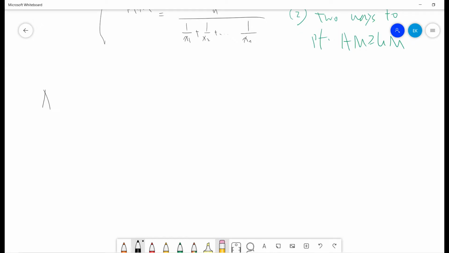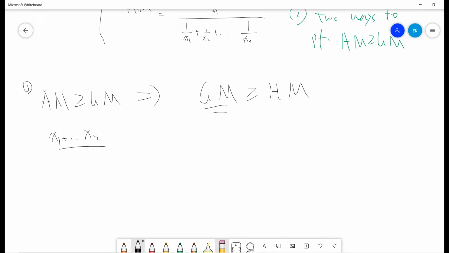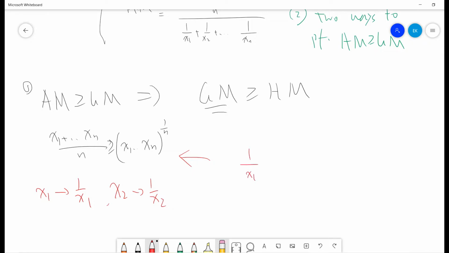So let's assume that AM is greater than or equal to GM, and we want to prove that this implies GM greater than or equal to HM. This is very famous and very easy. Here we have x1 up to xn. Let's change x1 to be 1 over x1, and x2 to 1 over x2, and so on. AM greater than or equal to GM will give us this.